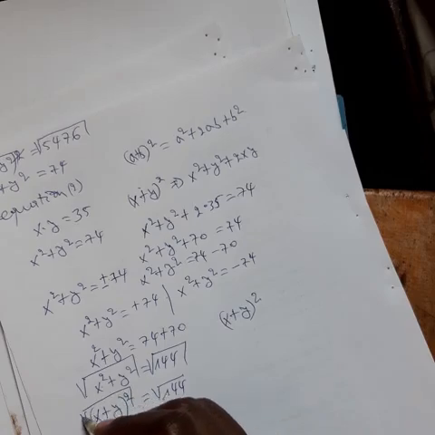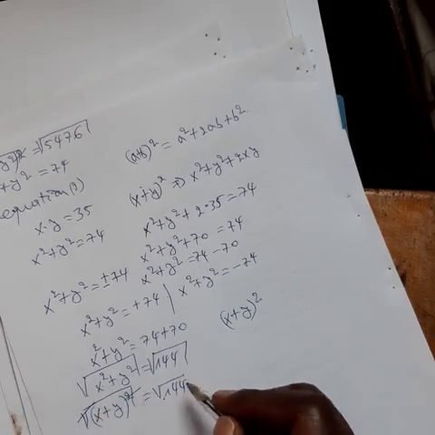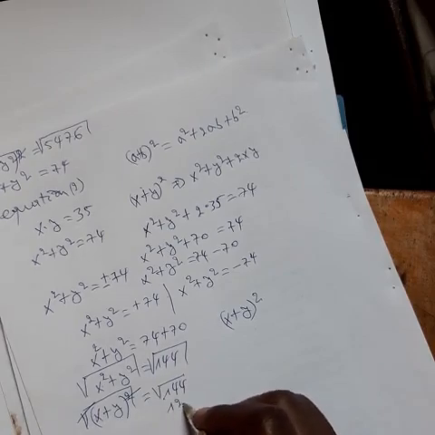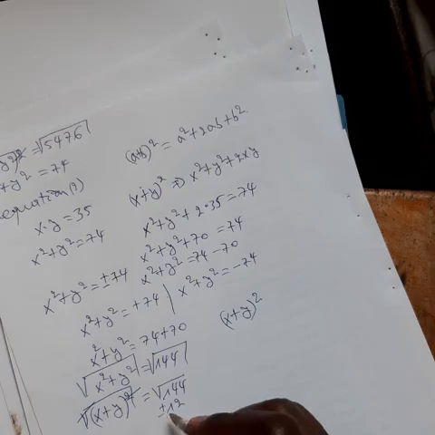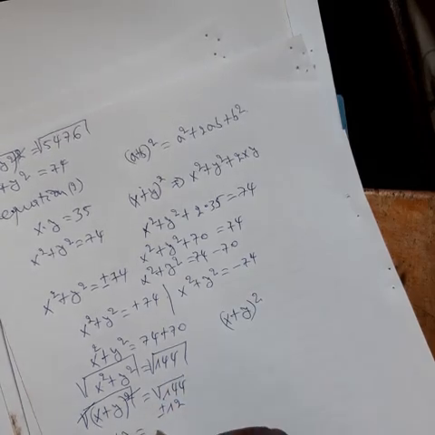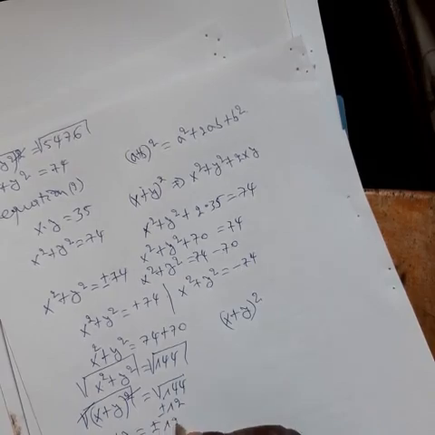The square root cancels the square, and the square root of 144 is 12, plus or negative 12. So x plus y is equal to plus or negative 12.